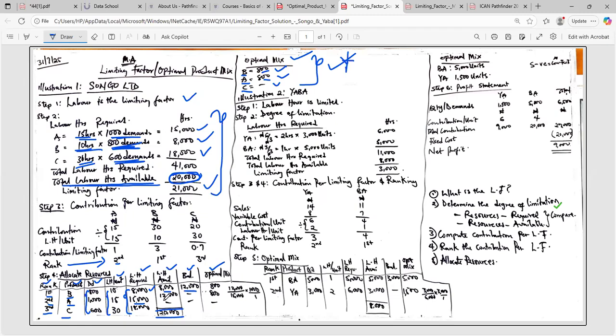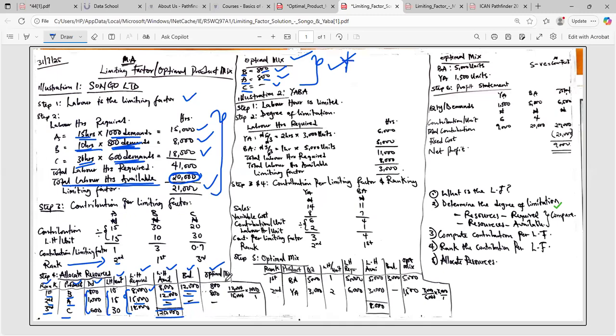We are short of 3,000, but we don't know what to do. So our balance will be nothing because we don't have anything else to allocate. Therefore, for product C, there's nothing to give because the labor hour is exhausted. So we only allocated 8,000 to product B and 12,000 to product A, nothing to product C.